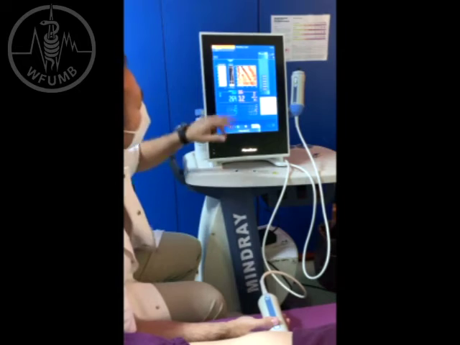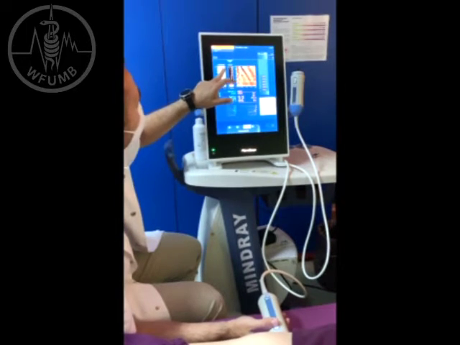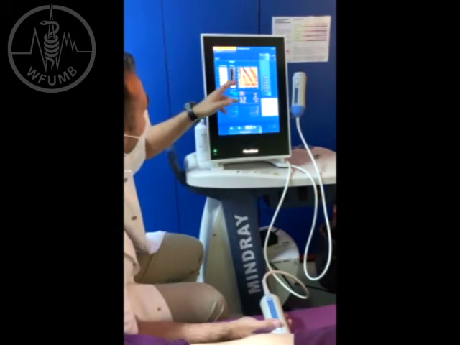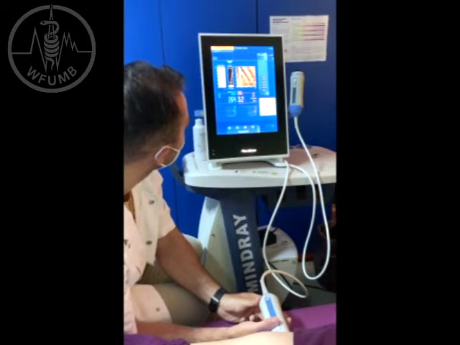I don't know if you can see, there are sometimes white lines along the image. Those are rib shadows.